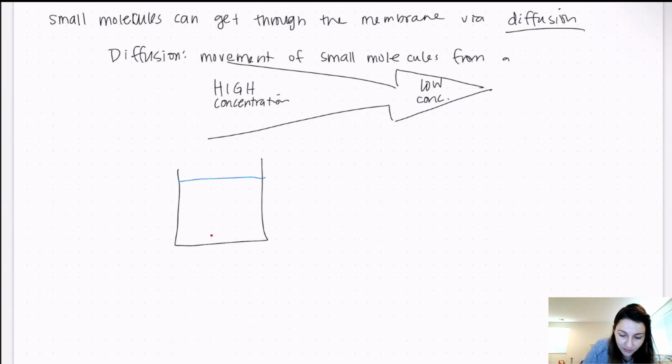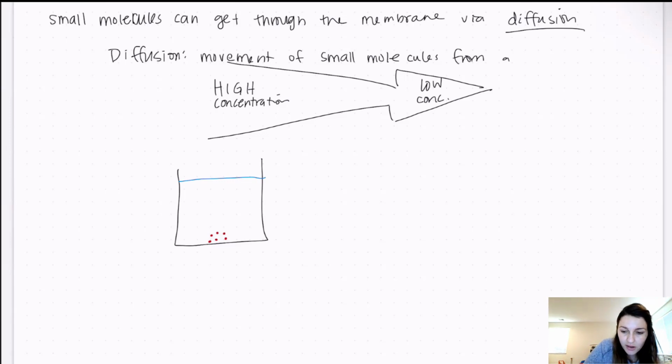So let's add some red Kool-Aid into the bottom of my cup. 1, 2, 3, 4, 5, 6 little granules of red Kool-Aid. If I walked away from this cup, I would eventually come back and that whole cup would be red Kool-Aid. Really diluted, but still delicious, right?